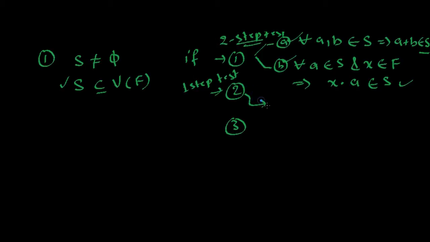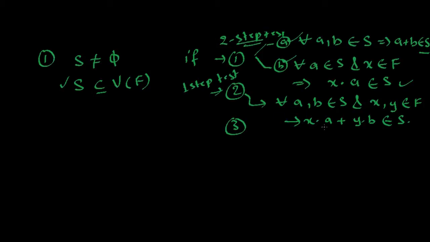It says that for all vectors a and b in S and elements x and y in field F, we have x multiplied by a plus y multiplied by b in S. So if we take any arbitrary elements a and b, and any elements x and y from our field F, then we should have an element of the form x dot a plus y dot b, and it should be in S. Okay, so this is the second condition.